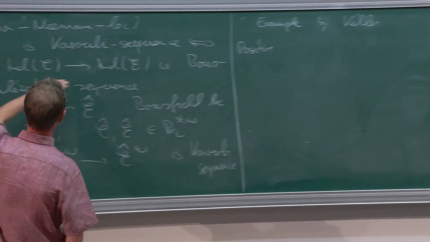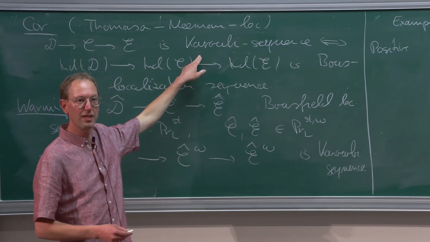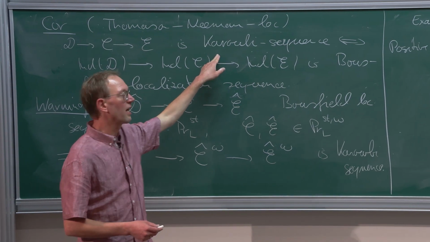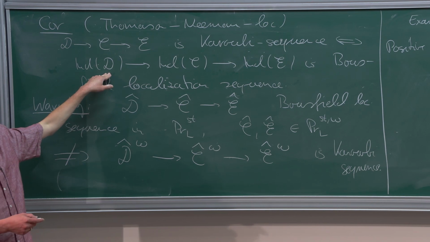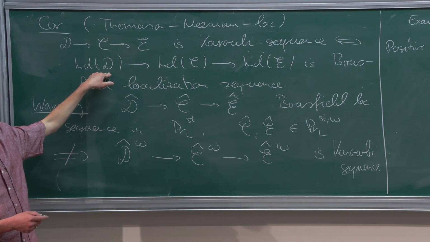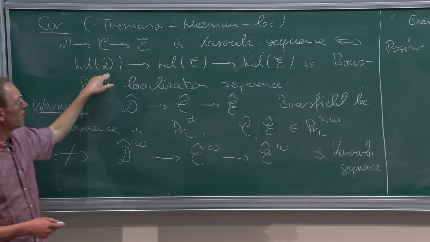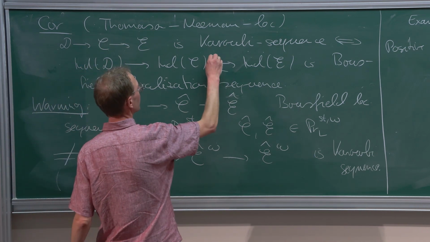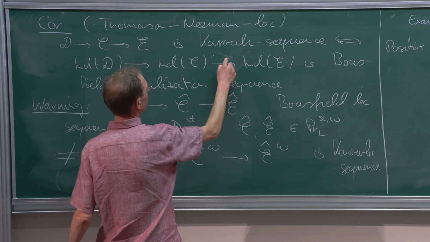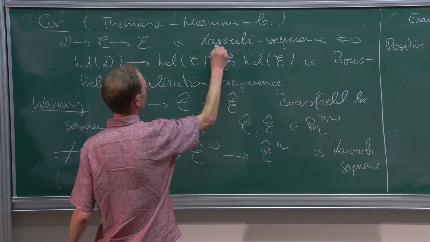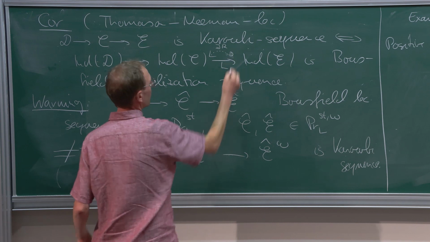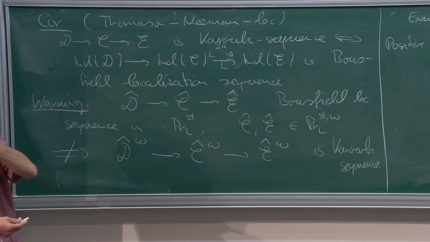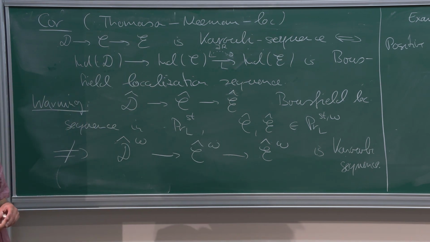So this means this functor here has a fully faithful right adjoint, and the kernel of this left adjoint here is precisely this one. So this one is a left adjoint, and the definition is there exists a fully faithful right adjoint. Precisely as we proved in this theorem.